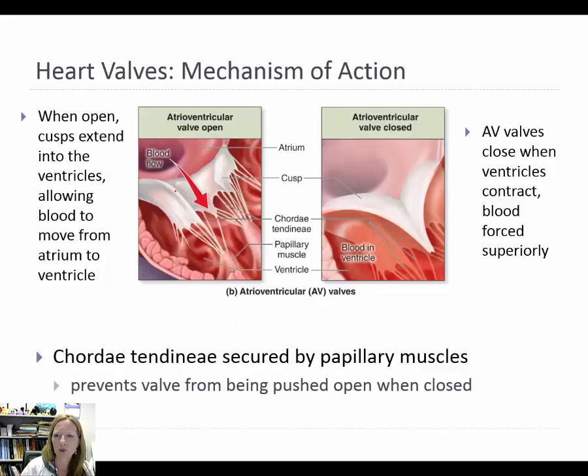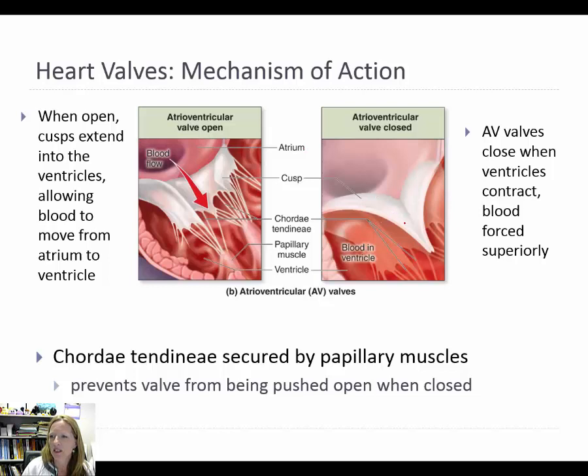All right, this is when the AV valves are open. Look at that, blood is flowing, it's open, it's going from the atrium to the ventricle, so blood can flow that way. Let's take a look and see what happens when we want this ventricle to move blood up into the great vessel that is next, the pulmonary trunk or the aorta.